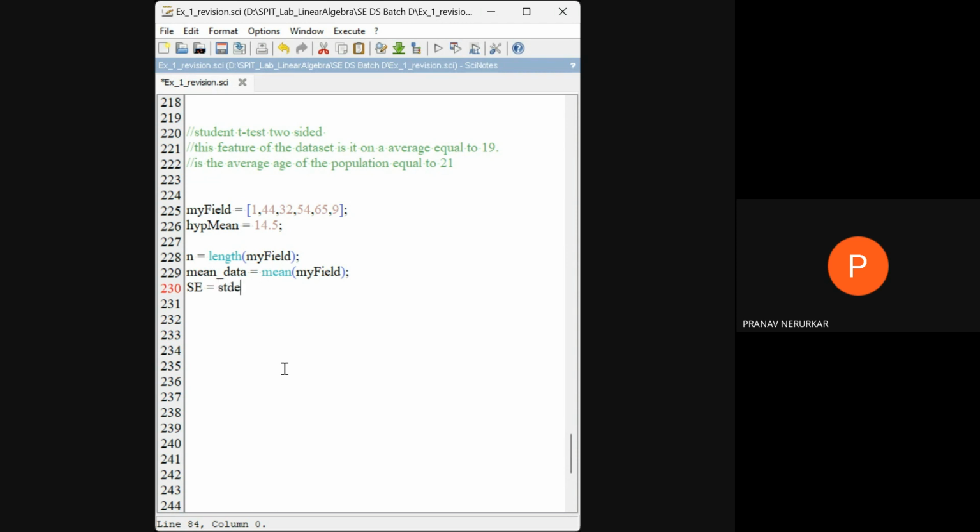Standard error is the standard deviation of data divided by the square root of n. Again, these functions demonstrate how we can avoid loops. Length, mean, square root, standard deviation, these are all applied on arrays, but without the use of loops, they are giving us the answer in the form of a number.